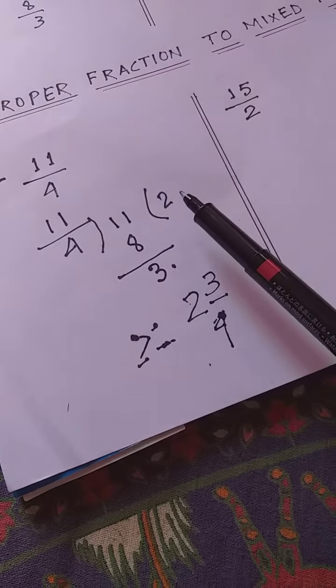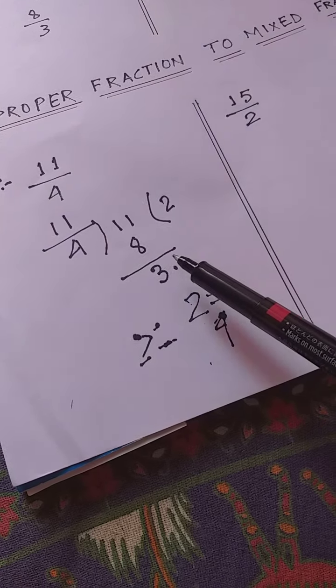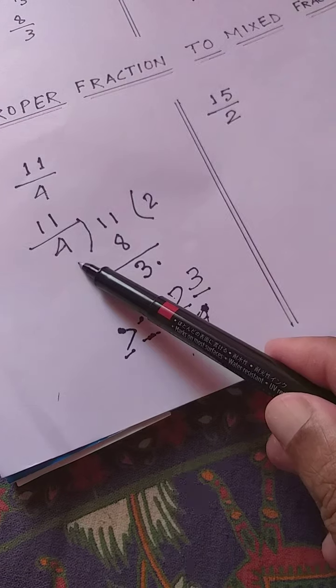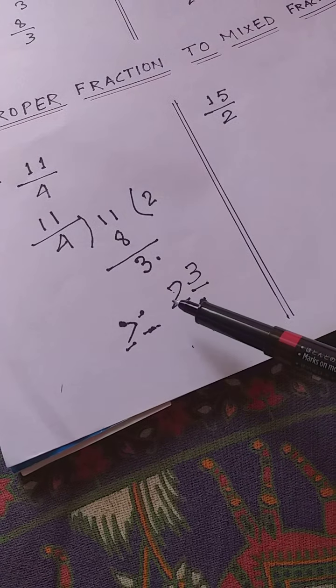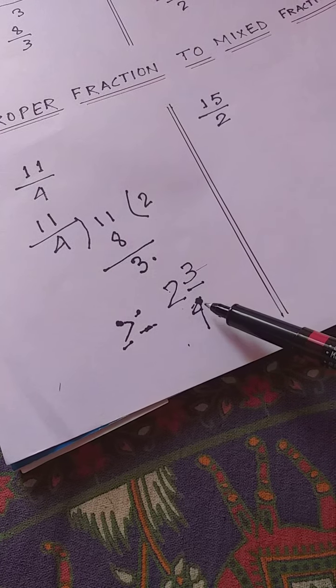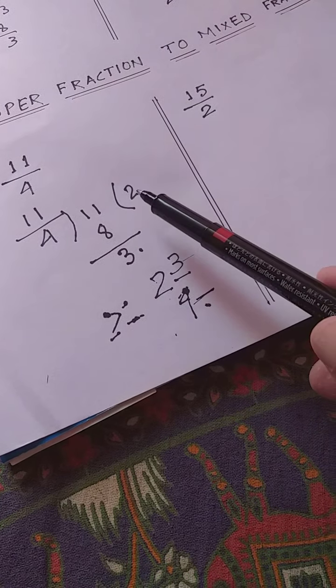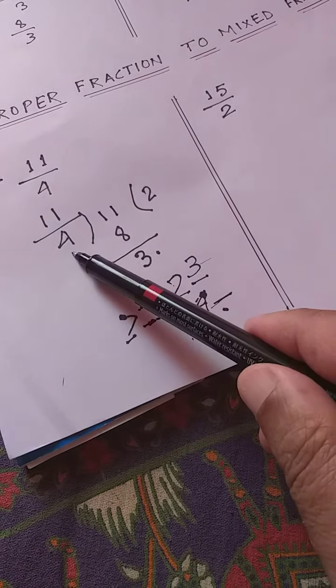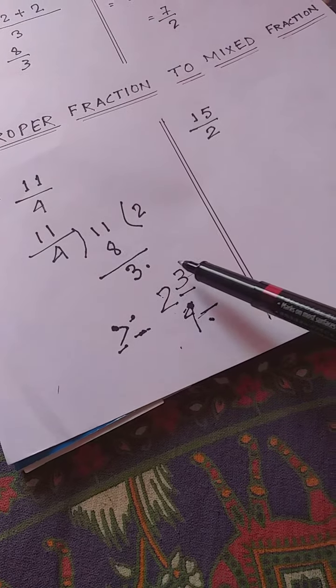So now this is the form. First I have written the quotient, then I have written the remainder, and then last the divisor. So the quotient should be here, this is the place for the remainder, and this is the place of the divisor. So 2, 3 upon 4. So this is how you should write the mixed fraction form.